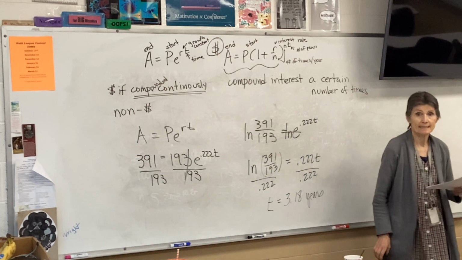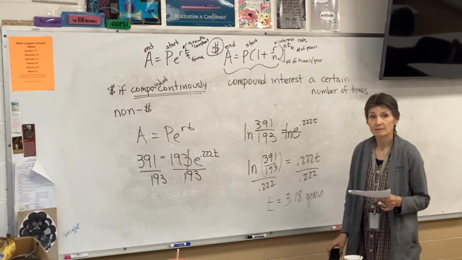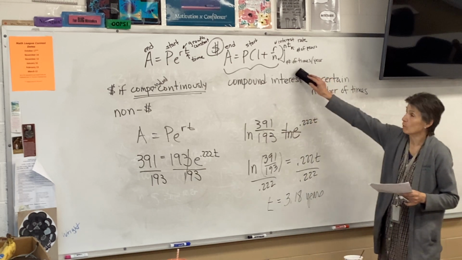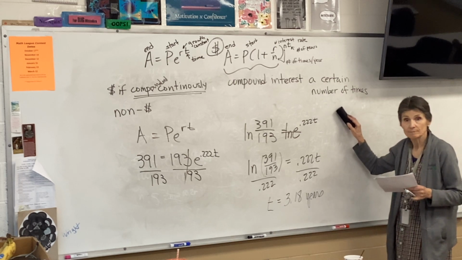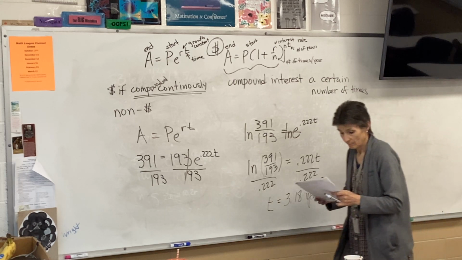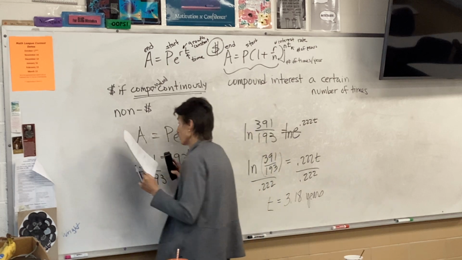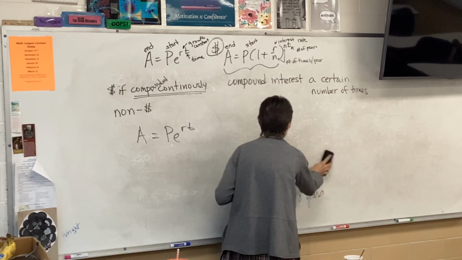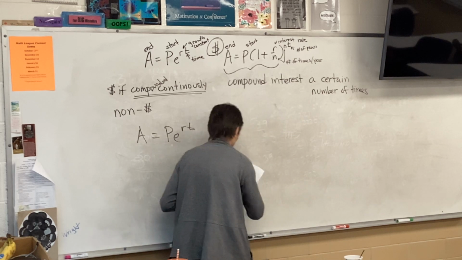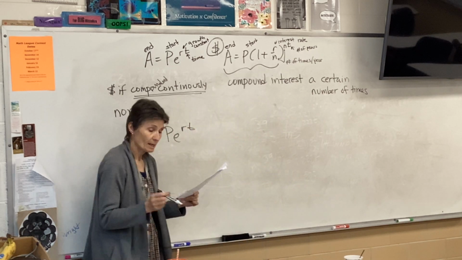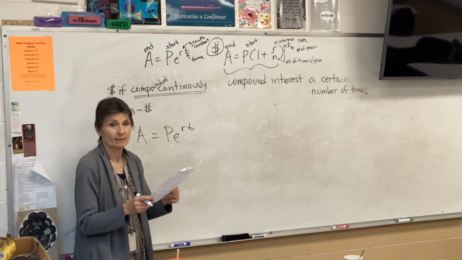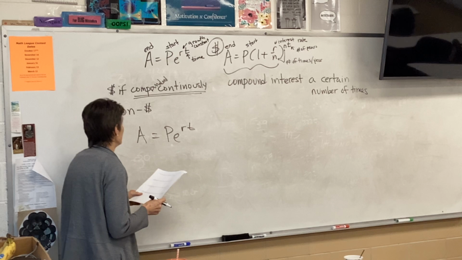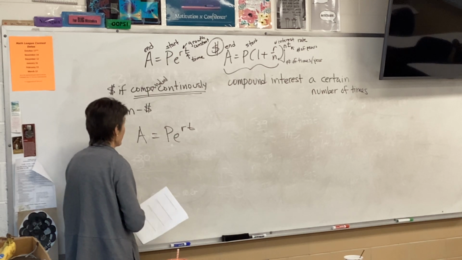Number 7, already did? Because number 7 said compounded monthly. That's this formula, compounded monthly. Number 8 says compounded continuously. Okay, compounded continuously. So here we go.